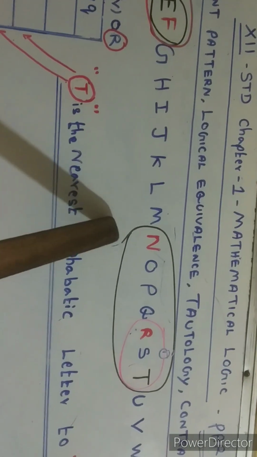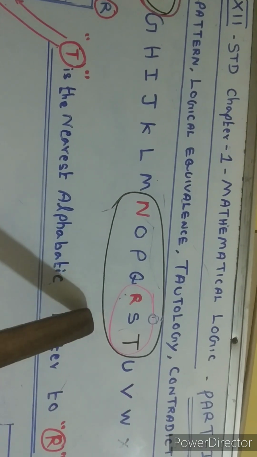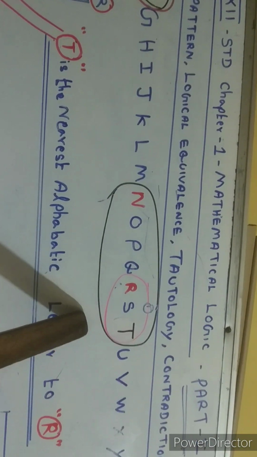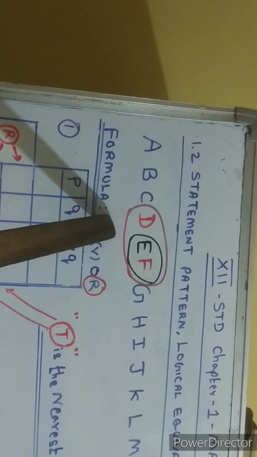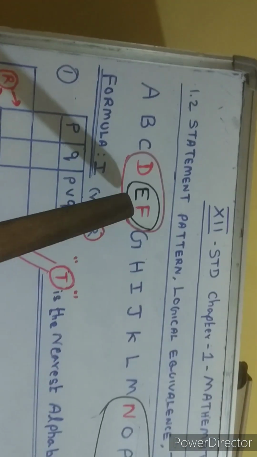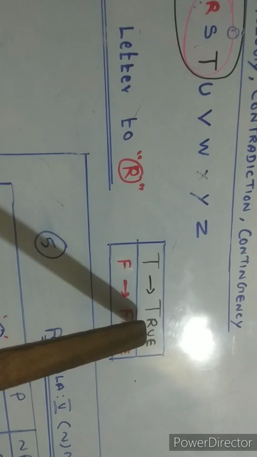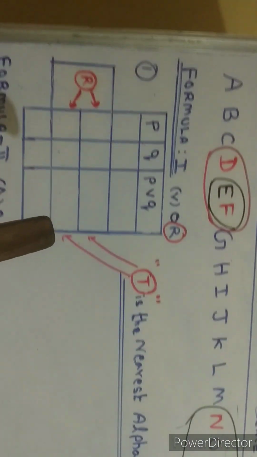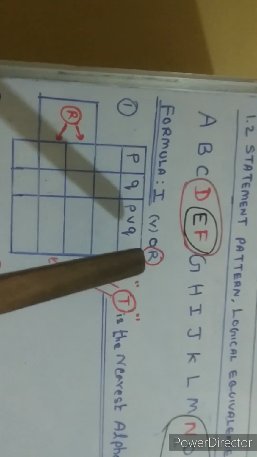Two letters N and R are the nearest alphabetic letters to T, and in the same way D and E are the nearest alphabetic letters to F. Here F means false, T means true. First we will derive formula 1, R, OR.